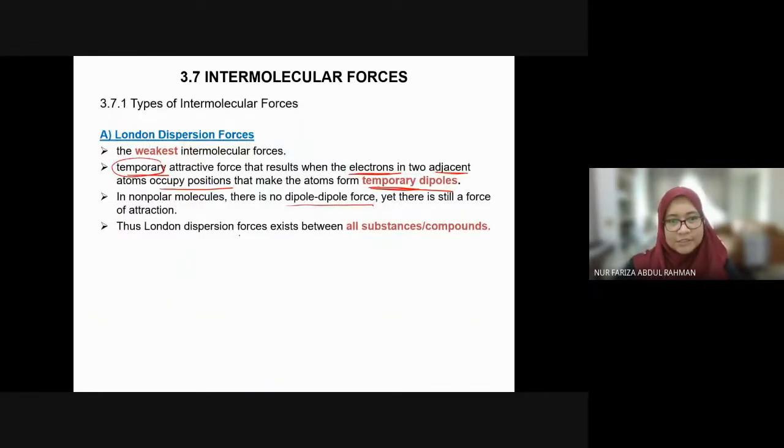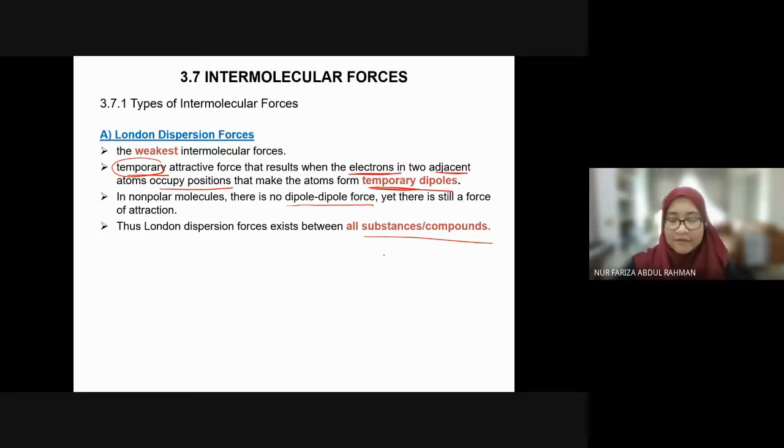Does London dispersion forces exist between all substances ataupun compounds? Okay, so these London dispersion, they are present in all substances regardless whether it is polar or non-polar.